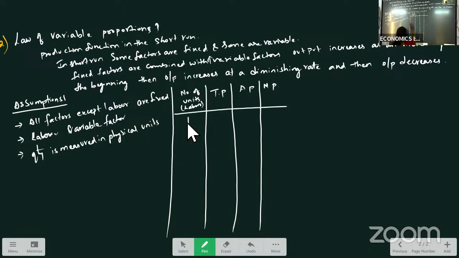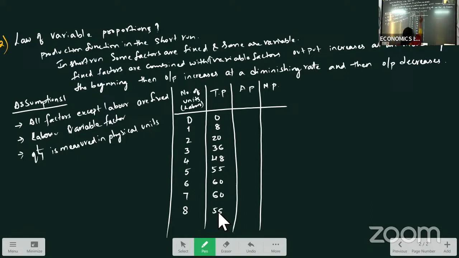If one labor is used in the production, the total output we are getting is: first take 0, 0; 1 labor, 8 units; 2 labor, 20 units; 3 labor, 36 units; 4 labor, 48 units; 5 labor, 55 units; 6 labor, 60 units; 7 labor, 60 units, because from that land we can get only 60 units output; 8 labor, 56 units. This way we have taken the example here.